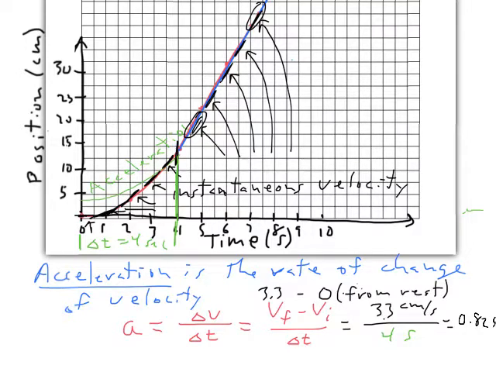And just given the precision of what we're doing with our measurements here, we're reading these numbers off the graph, and I don't think we know the precision of those to any more than 2 sig figs. So we're going to take our 0.825 and round that to 0.83.